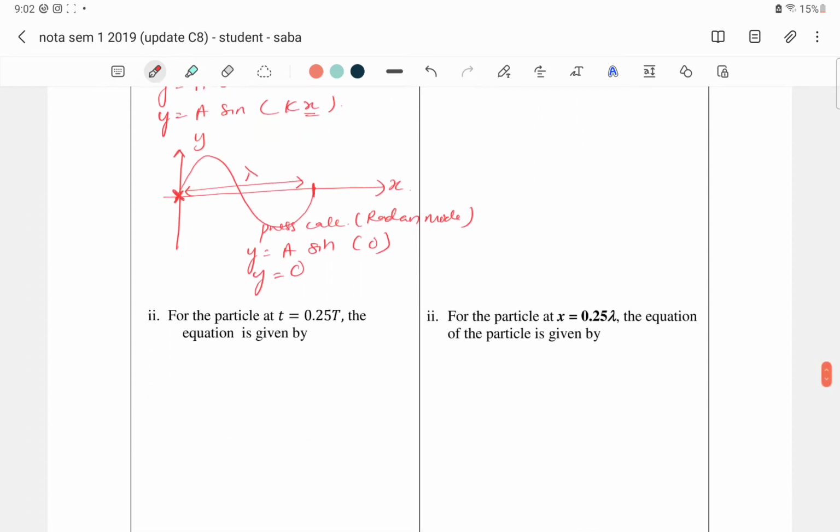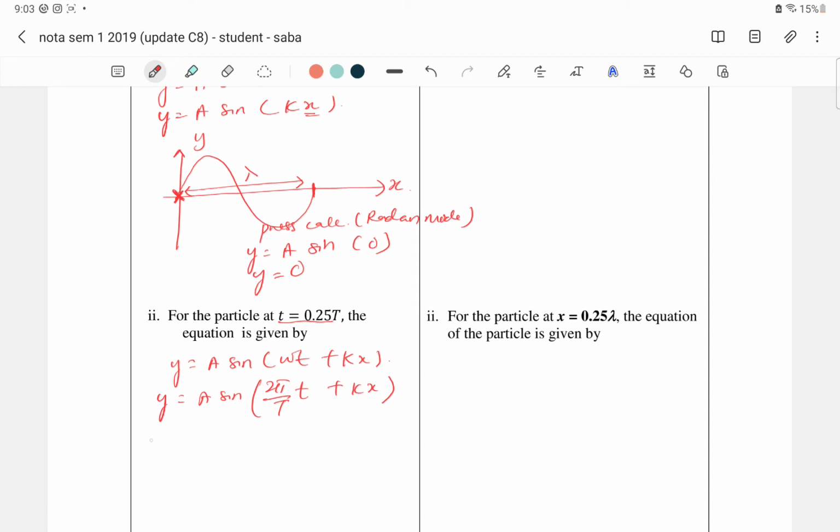For the particle at t equal to 0.25. Okay, so kita ada y equal to a sin omega t plus kx. Okay, so y equal to a sin, omega is 2 pi over T, t plus kx.